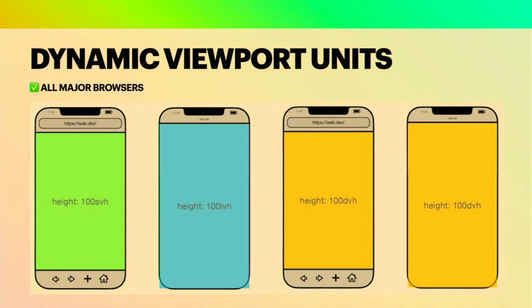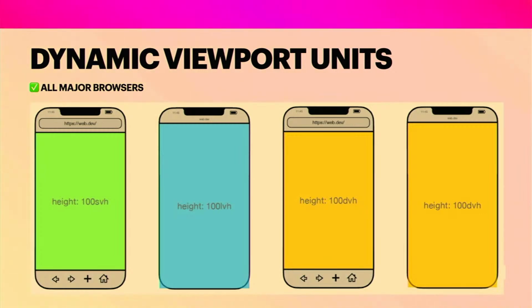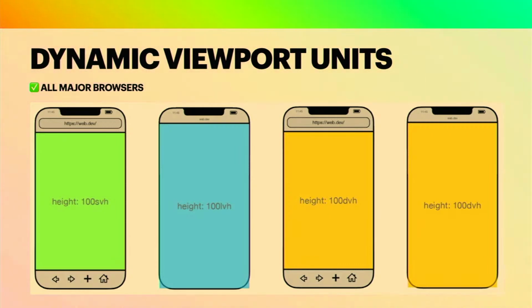Same applies to the blue one, the second from the left, which is the opposite. So the largest viewport size, that's the viewport size when nothing is showing from the browser toolbars. And then there's an example with the dynamic, which is when showing the small one, when not showing the big one. Browsers do this math for you nowadays. That's one I like actually a lot.